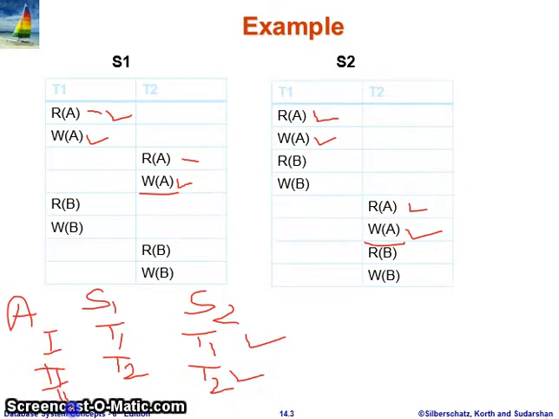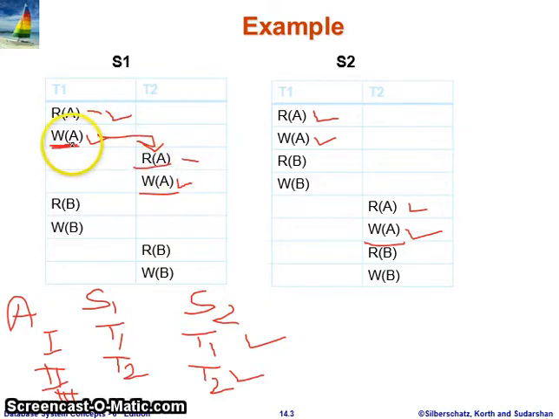Our third condition says that here in schedule 1 transaction T2 reads data item A which is produced by transaction T1, means transaction T1 is reading A and writing A, modifying the value of A, which is then read by this operation of transaction T2.